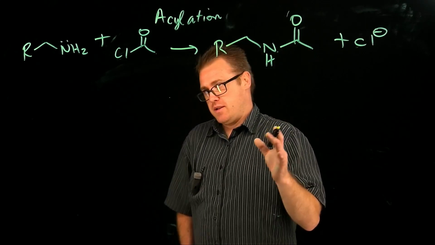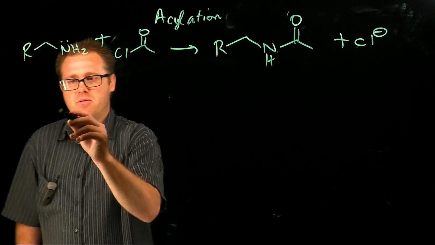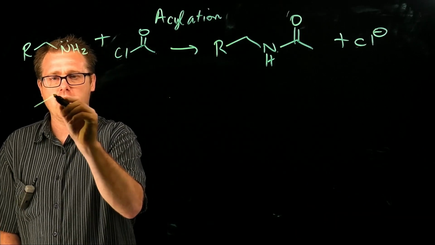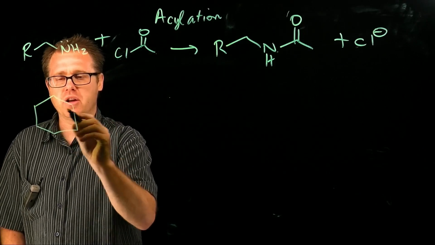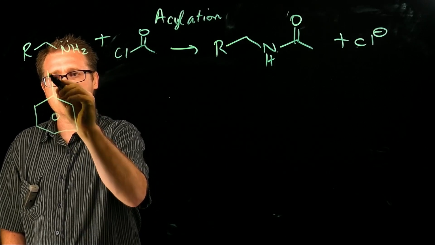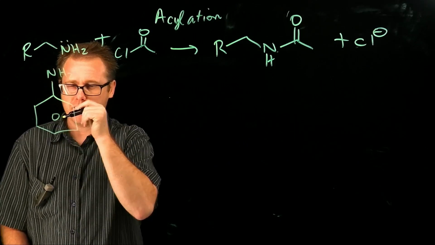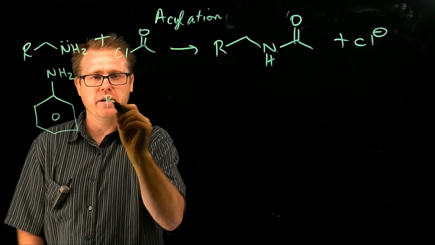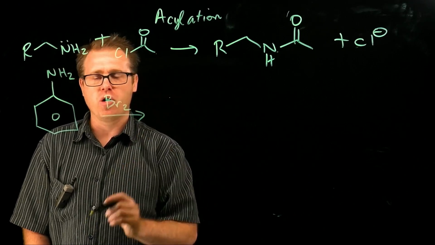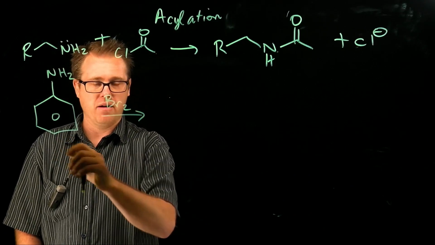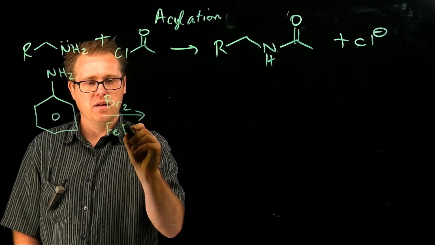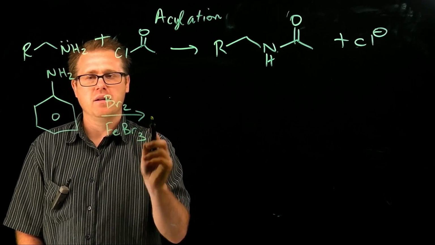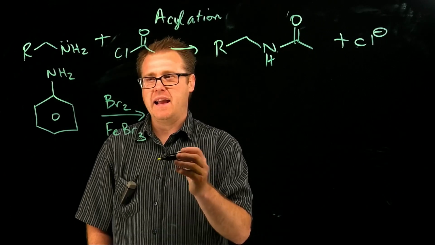Now, why do you want to do this? Well, there's a couple examples where I can show you why acetylation would be a good thing. Because what if we have aniline here and we wanted to add bromine at the para position? Okay. What's going to actually happen?